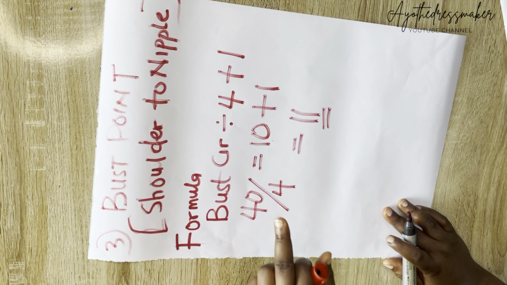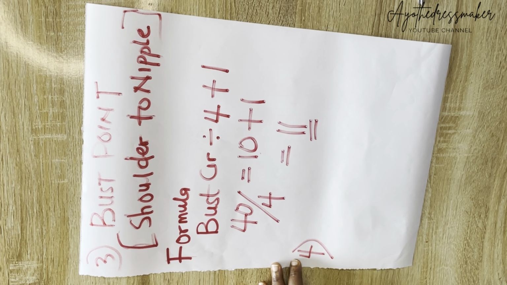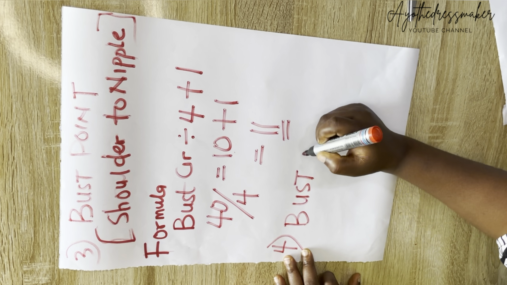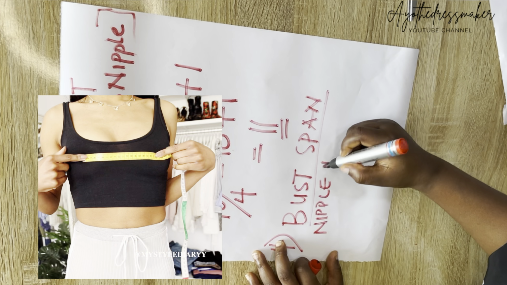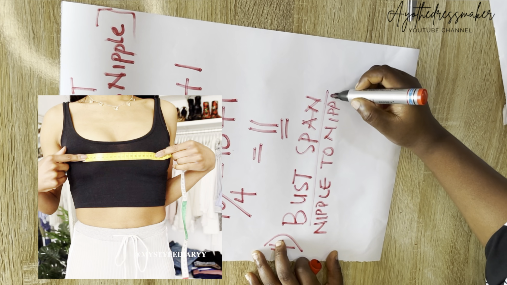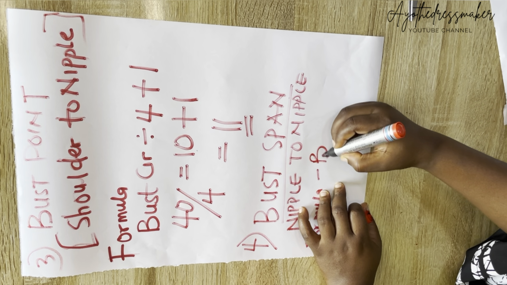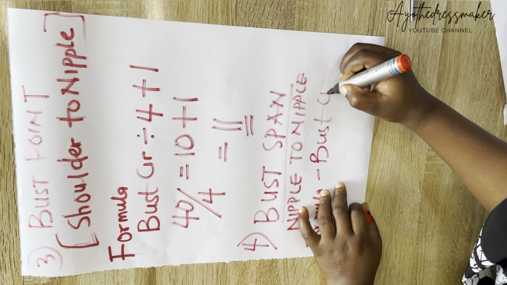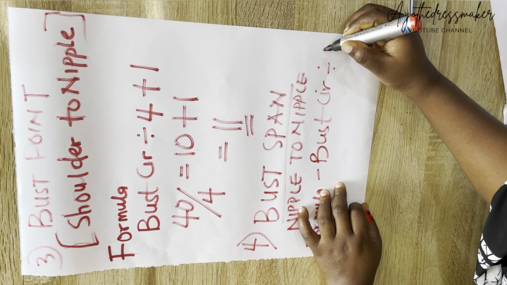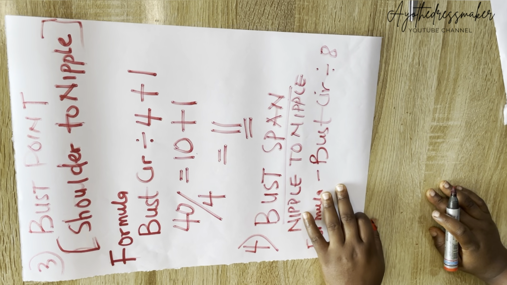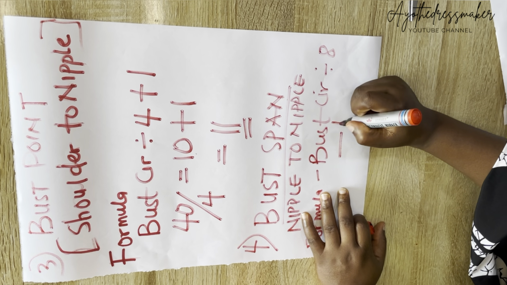And the next important formula that you should know is the bust span. It is also popularly called nipple to nipple measurement. The formula to get this is the bust circumference. Again, you'll notice that we use the bust circumference a lot. Bust circumference divided by 8 and minus 1.